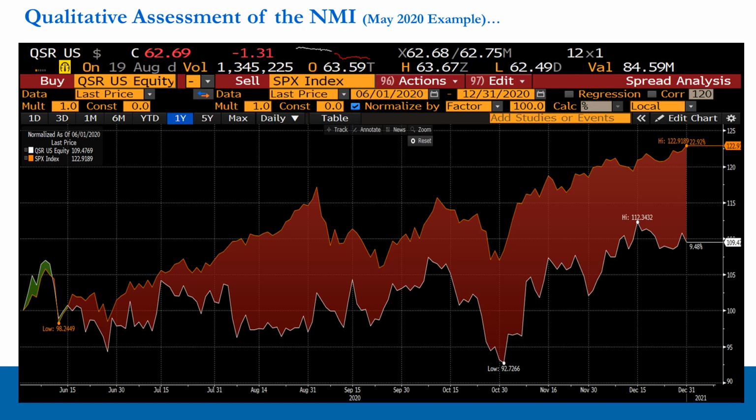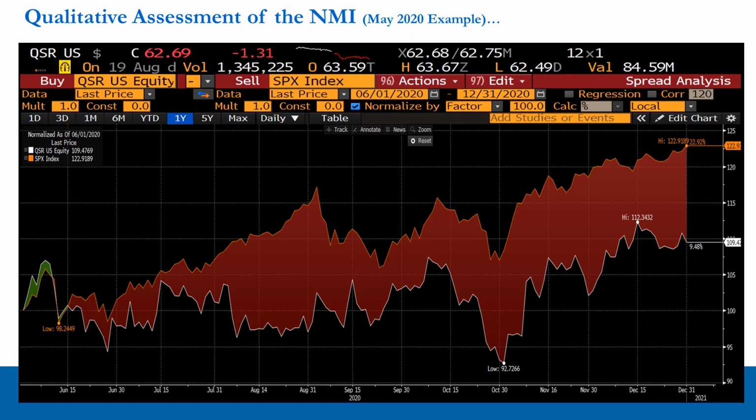What we can also look at here is a stock called QSR, which is Restaurant Brands International. We look at the same period in time. This company owns franchises like Burger King, Popeyes, and also the coffee shops, Tim Hortons, mostly in Canada. We can compare QSR to the S&P 500 there. So we're looking at accommodation and food services. Obviously, these guys were reporting a difficult time in May 2020, not giving any visibility.